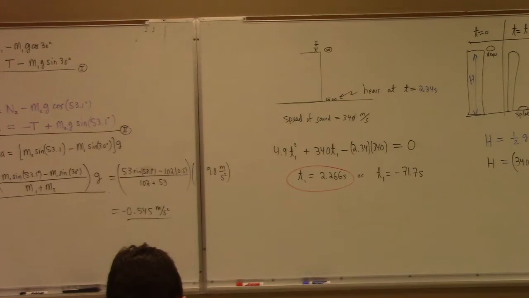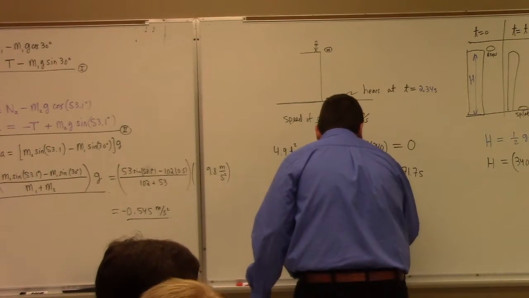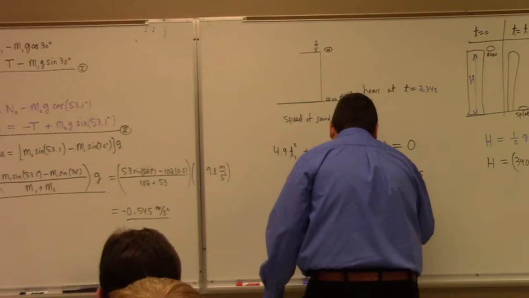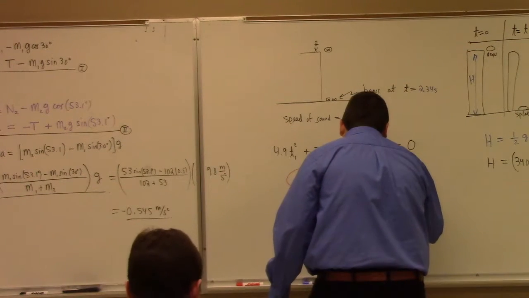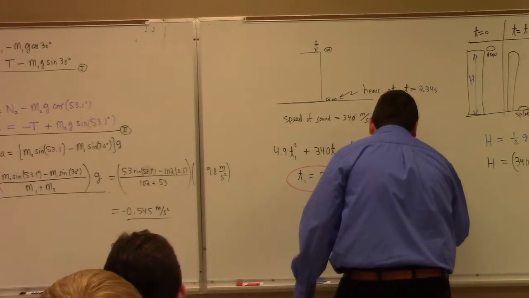Oh, is that the answer? No, not really. What am I trying to find? The height. Oh, yeah, if you just plug that into the first height equation. All right. So H then is equal to 4.9 times 2.266 quantity squared. That is going to give me meters.